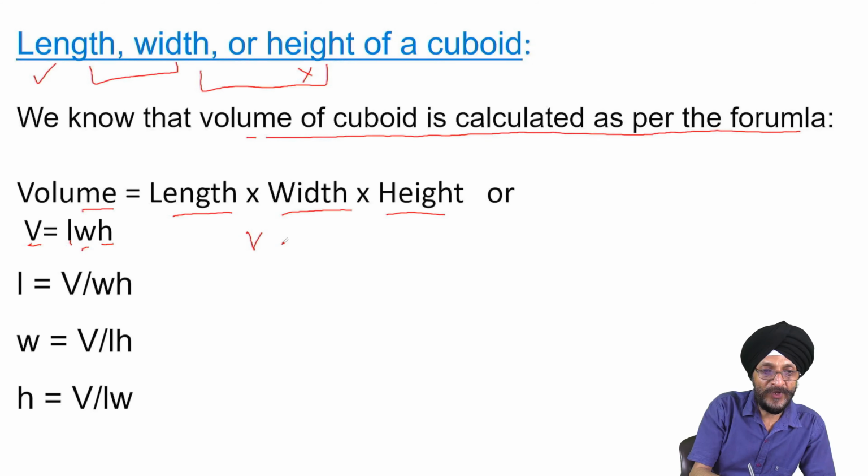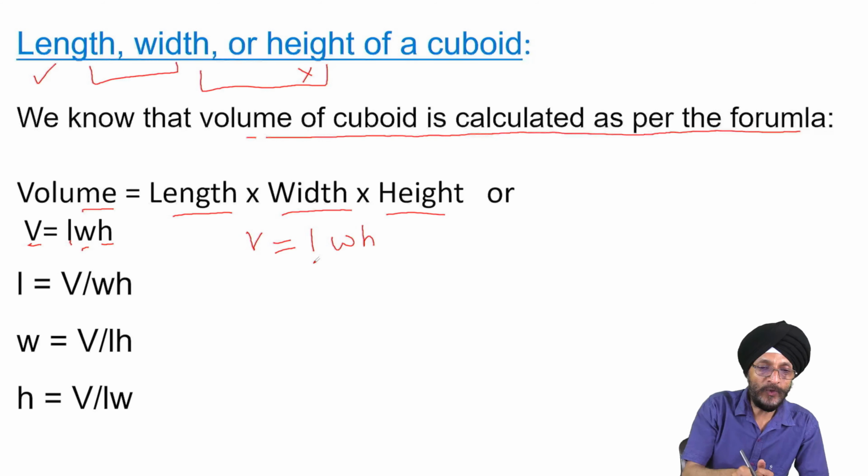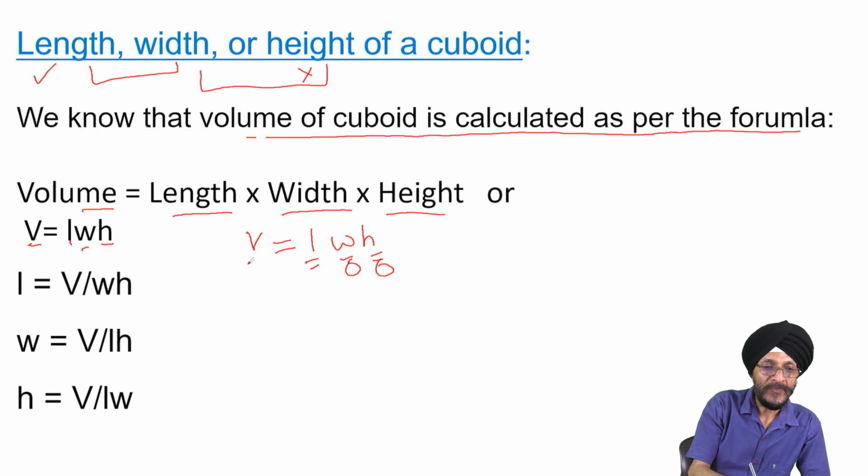Now when we have this formula before us, it is not difficult to calculate the length or width or height. Suppose we are to find the length. We fill in the values of width, height and volume and we can find the value of length. So when we are to find the value of length, when the other values are given, we can use this formula.